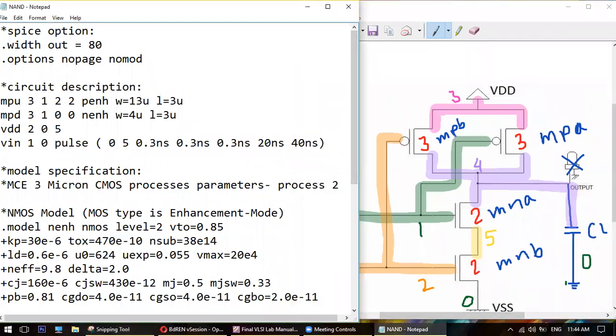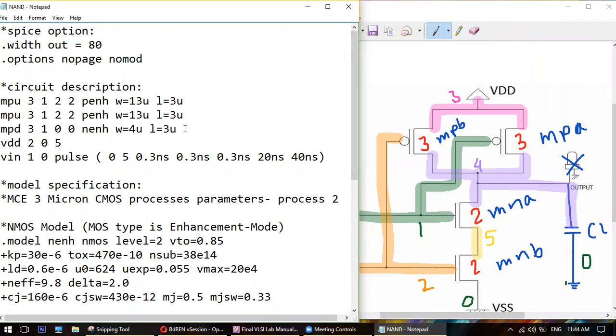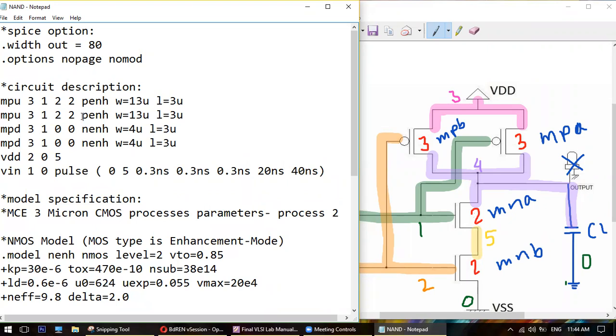MPA, MPB, MNA, MNB. So 2 P MOSFET and 2 N MOSFET. That's why I have copied 2 P MOSFET, 2 N MOSFET. So this one is MPA, this one is MPB. This is MNA, this is MNB. Understood, everyone?